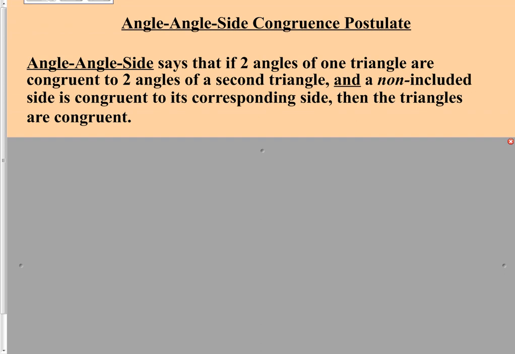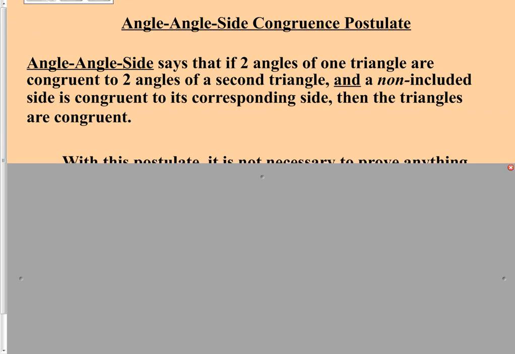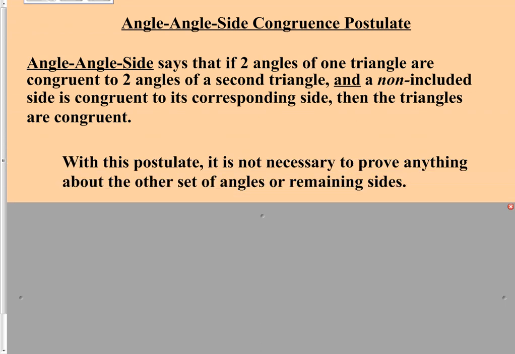So if two angles of one triangle are congruent to two angles of a second triangle, and a non-included side is congruent to its corresponding side, then the triangles are congruent. And just like with angle side angle, we will not need to know anything about the other set of angles, nor will we need to know anything about the other two remaining sets of sides.